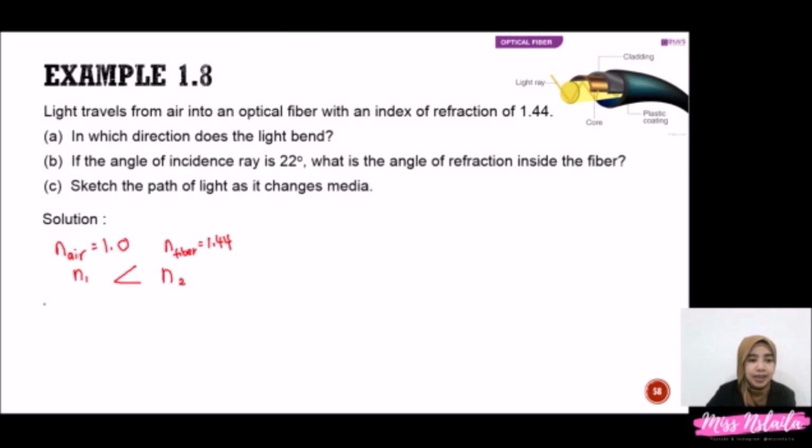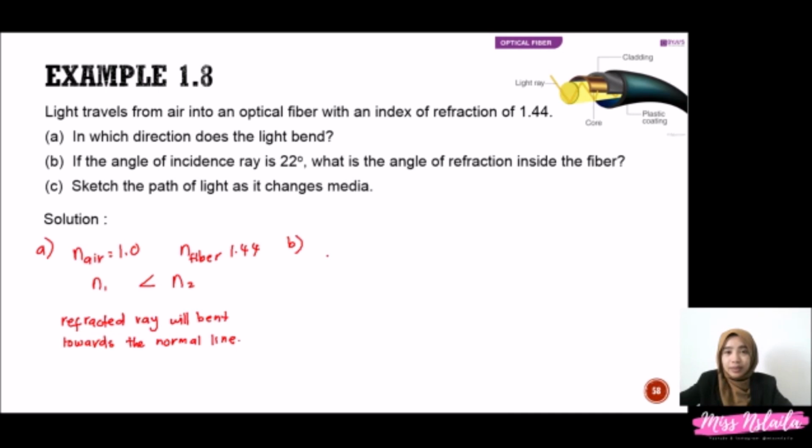The answer is the refracted ray will bend towards the normal line. Okay, so this is the answer for question A.